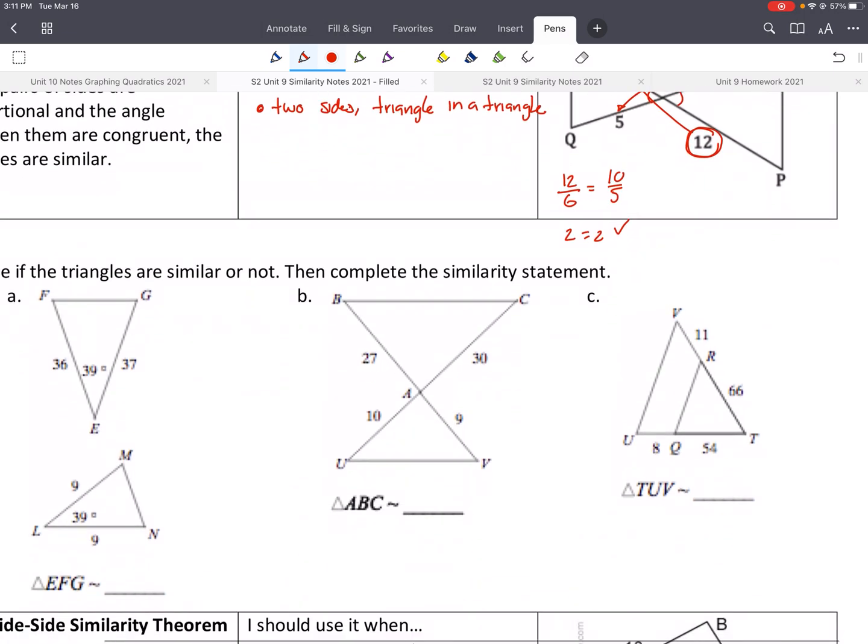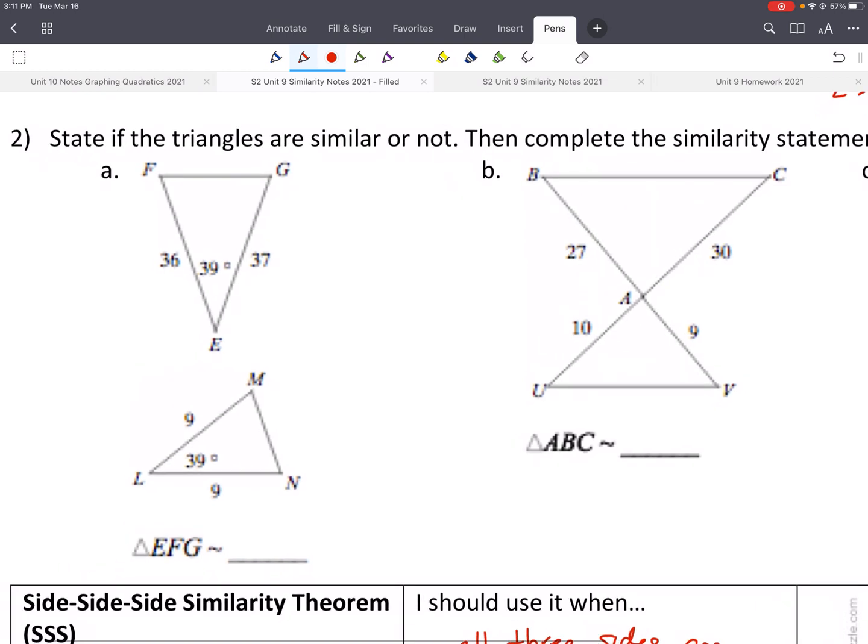All right, so let's do a couple examples of that. We know that these angles are the same, so angle L is congruent to angle E. And we also need to find that the sides next to those are proportional. So we need to find their corresponding sides.